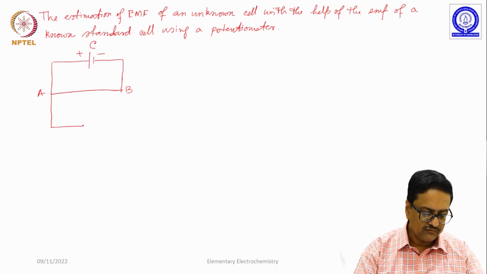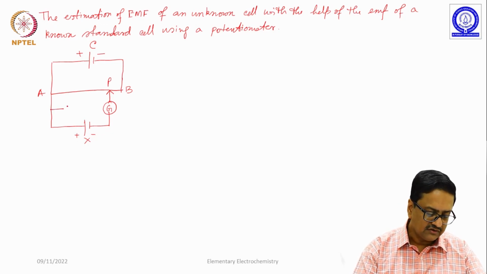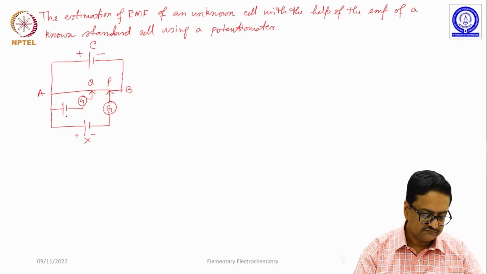Then we need to connect our unknown cell X in such a way that it opposes the potential of the cell C, and it is connected through a galvanometer to point P, which is a movable point. And then we also have one standard cell S connected in the same way through a galvanometer G and connected to point Q, which is also simultaneously movable.